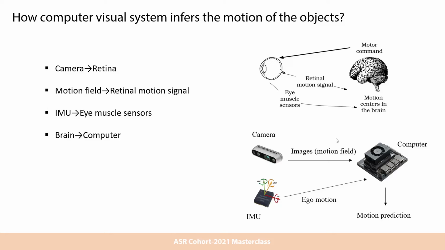And the sensor IMU in the lower figure can give the ego motion to our computer, which is equivalent to the eye muscle sensors in our eyes in the upper figure. Given the motion field and the ego motion, the computer can compute the motion predictions of the objects in the scene. So that's how our computer visual system infers the motion of the scene.